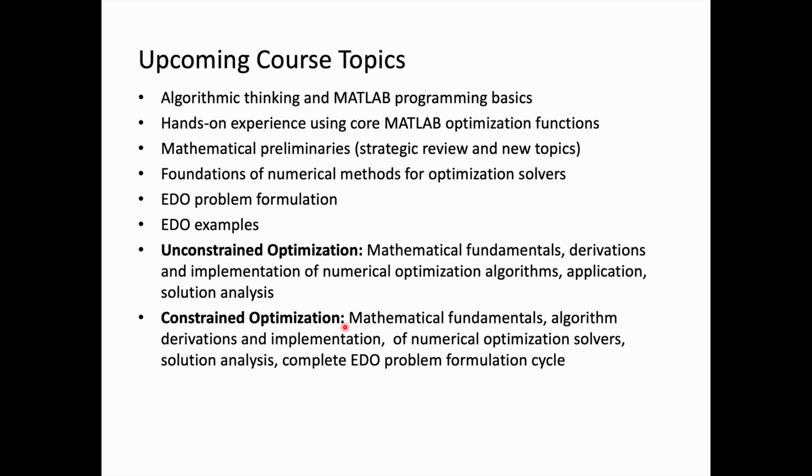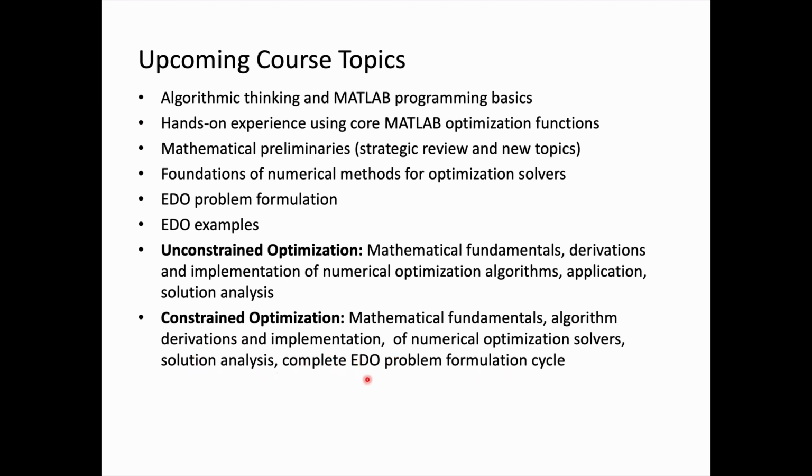To really solve engineering design optimization problems, we need to account for constraints, and we're going to learn how to do that. We're going to see how the mathematics of optimization with constraints is different. Again, we'll derive some algorithms, see how to implement those, and perform solution analysis.